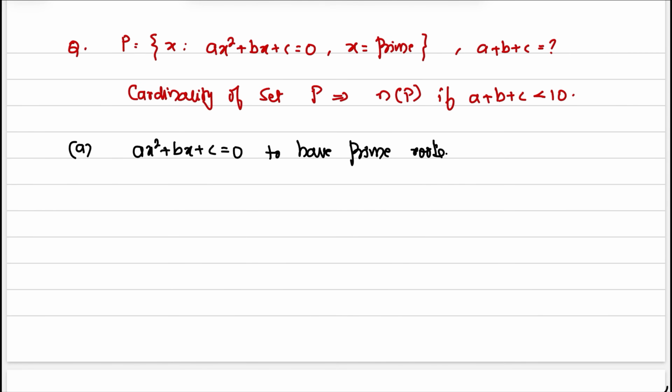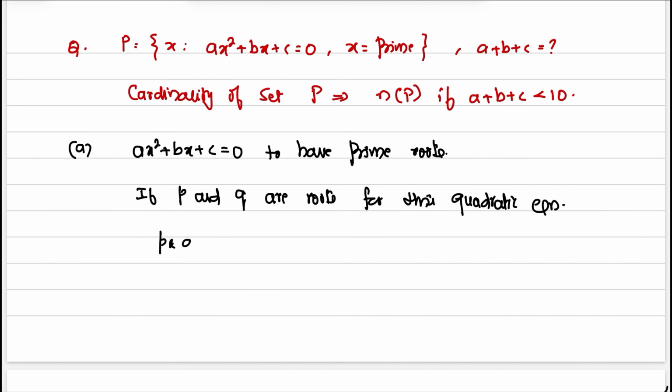Here, if you see, for a quadratic equation, if p and q are roots of this quadratic equation, then what is the condition given? p and q are prime numbers.